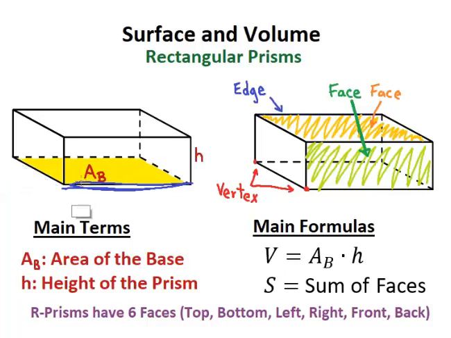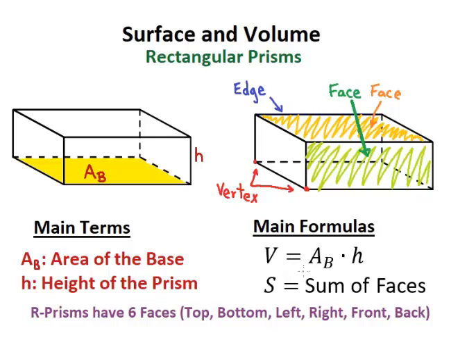You're not going to multiply opposite sides of the rectangles that are the faces. You're going to multiply adjacent sides. So if you multiply this side, you will multiply it with this other side, which is adjacent to it.